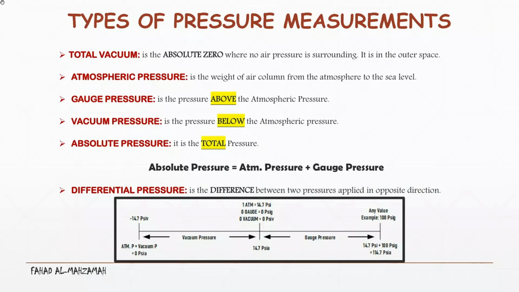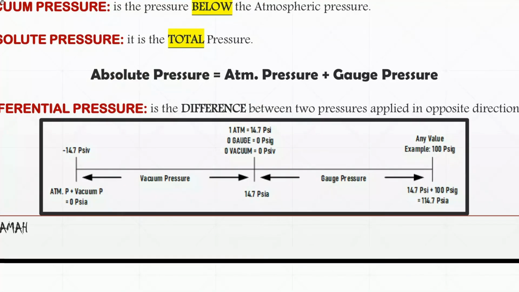Now see this figure, okay, it shows the relation between the pressures. So let me zoom it in and you can see it clearly. Here we are at the atmospheric pressure, in the middle area.